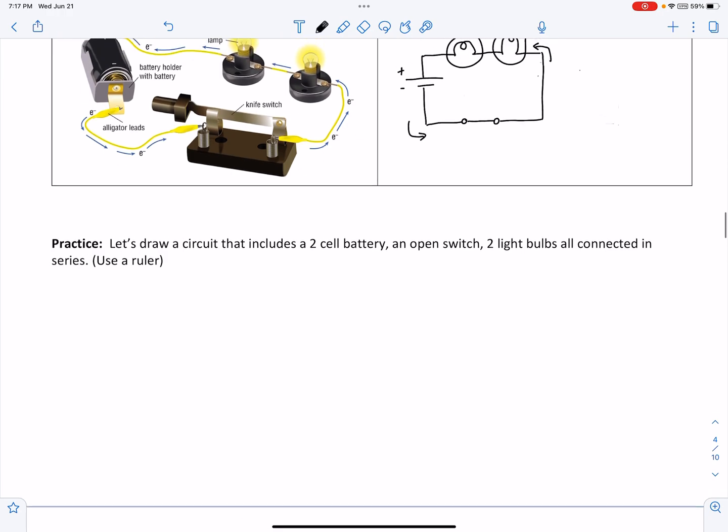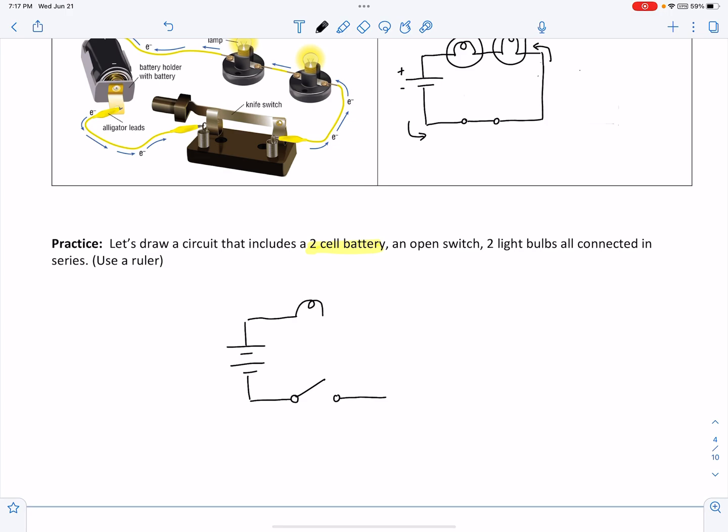Let's try another example together. Let's start with drawing a 2-cell battery. So that's 1 cell, 2 cell. An open switch. An open switch is drawn like this. And 2 light bulbs all connected in series.